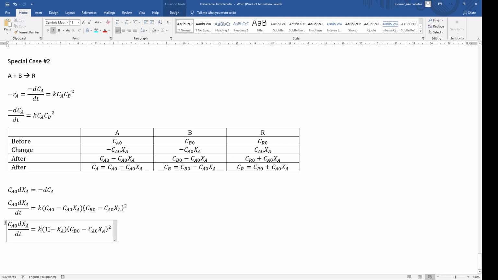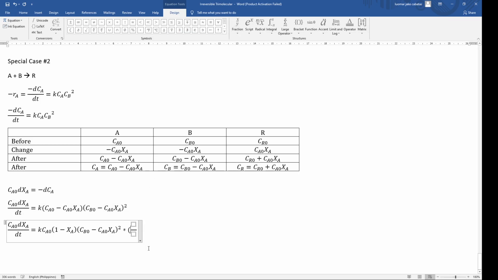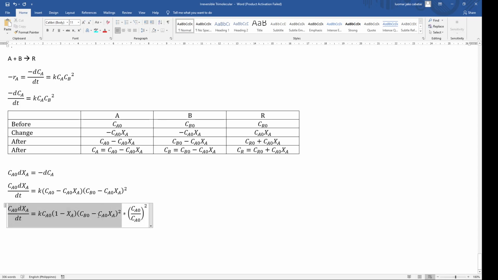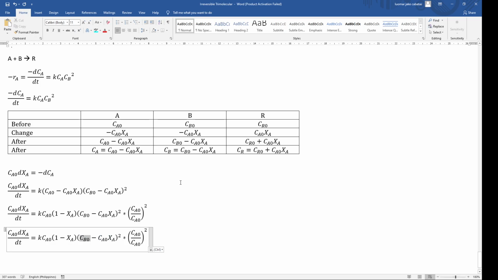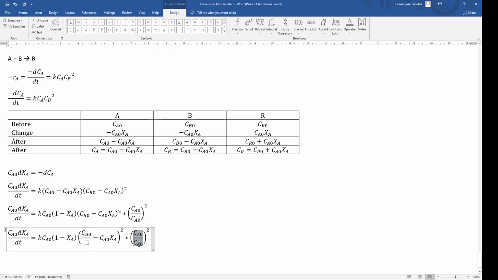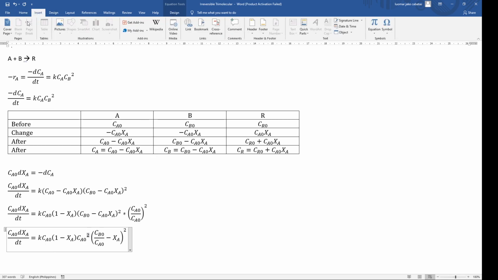So we can factor out the CAO here. And this one, we multiply it with CAO squared, so that this will become that one, and it disappears, and we have CAO squared, and then we can cancel one CAO.